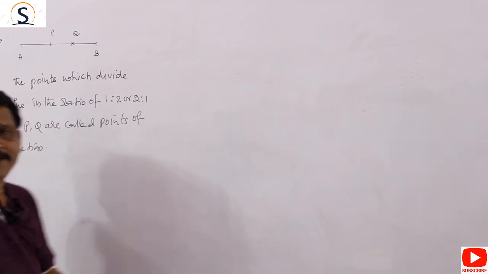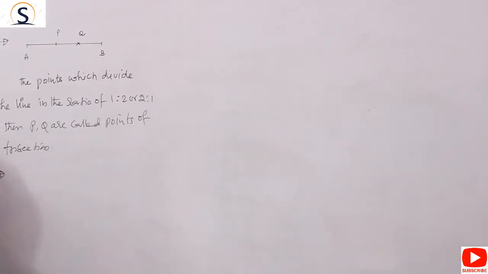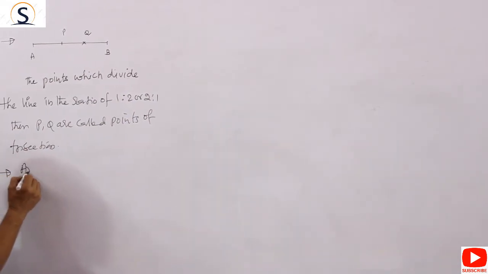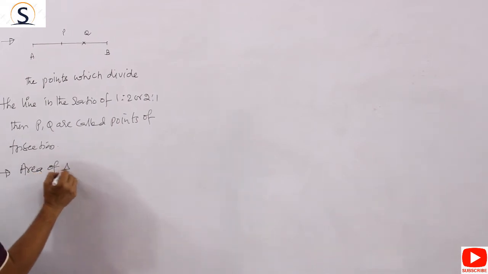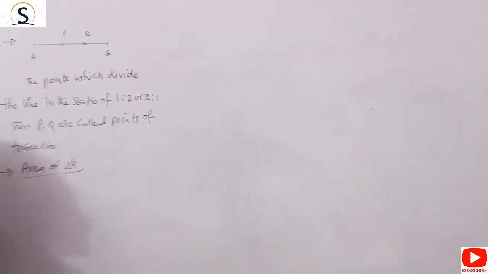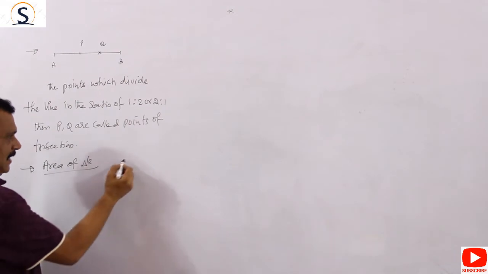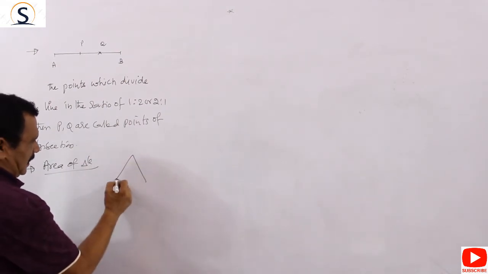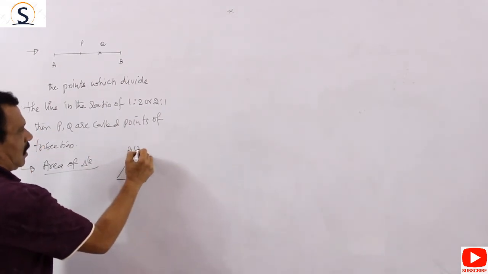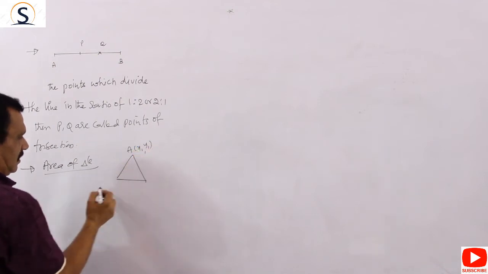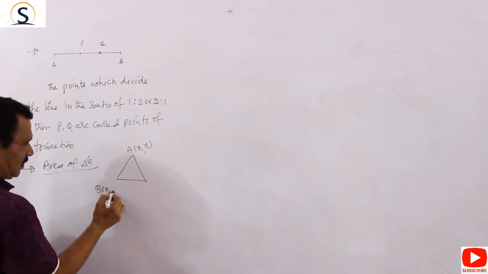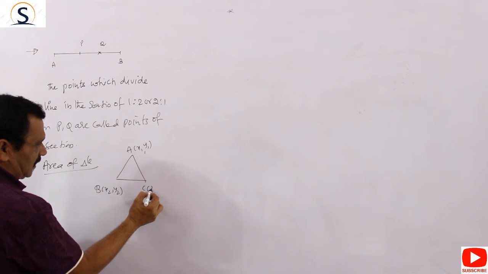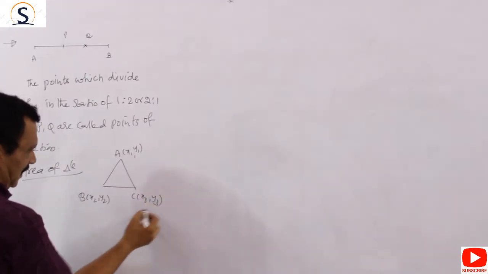Next one is area of triangle. Here, the triangle vertices are A (x1, y1), B (x2, y2), C (x3, y3).